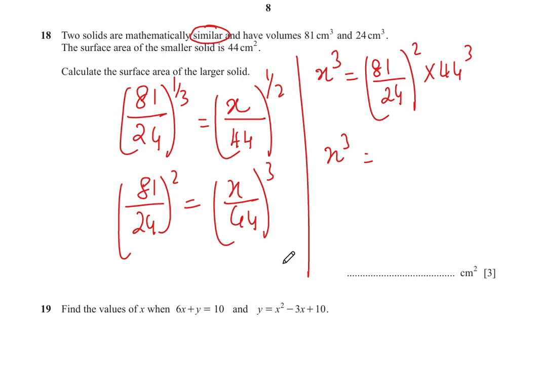What answer you are getting, find the cube root of that. It is 99. So you will be getting x is equal to 99 centimeter square. So 99 centimeter square is the right answer. Directly you can do the calculation for this.